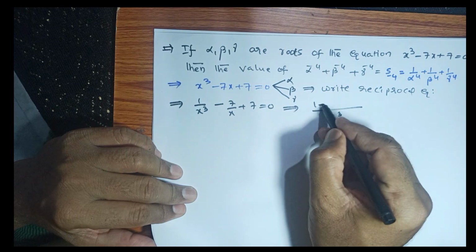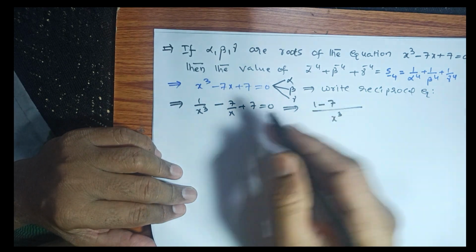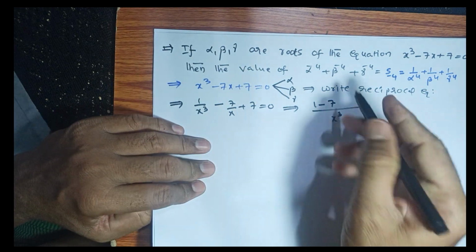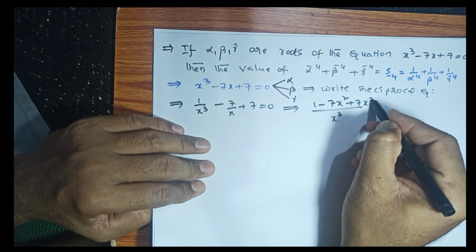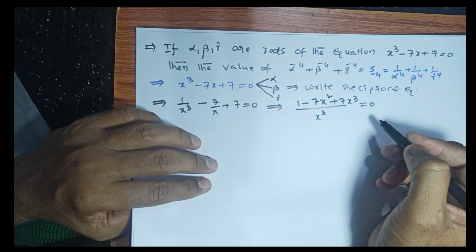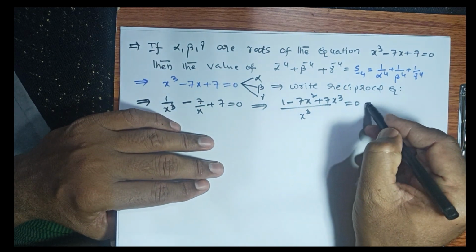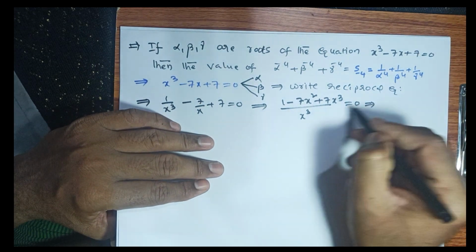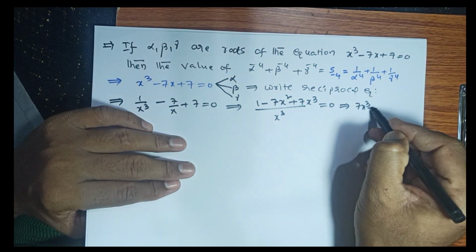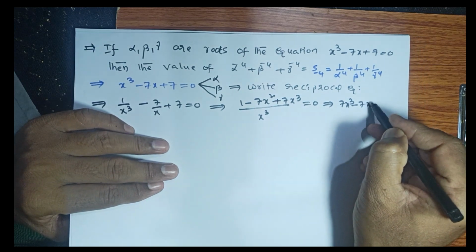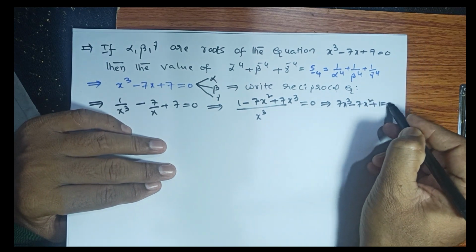So this is 1 minus 7x square plus 7 into x cube, which is 7x cube. If you simplify it, you will get 7x cube minus 7x square plus 1 is equal to 0.